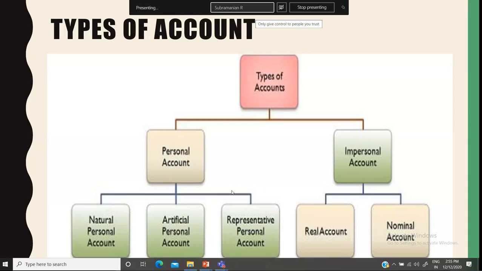And then artificial personal account. What is meant by artificial personal account is that I might have dealings with a company instead of individual people. Individual people come under natural person, but I might have a dealing with any company, like ABC company or some other company, or a firm.